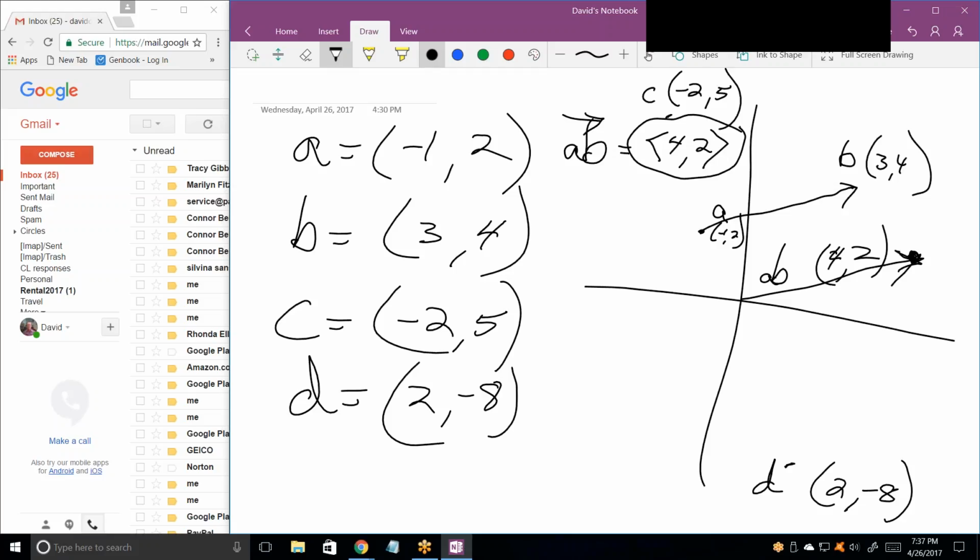And that's kind of vectors in a nutshell, is that you try to define the vector as succinctly as possible. If I define AB as the difference between points A and B, that's a lot of work.